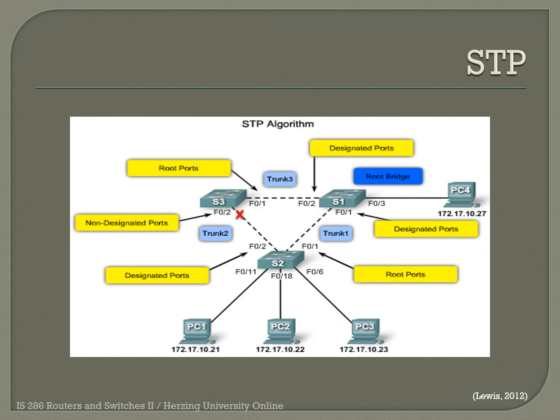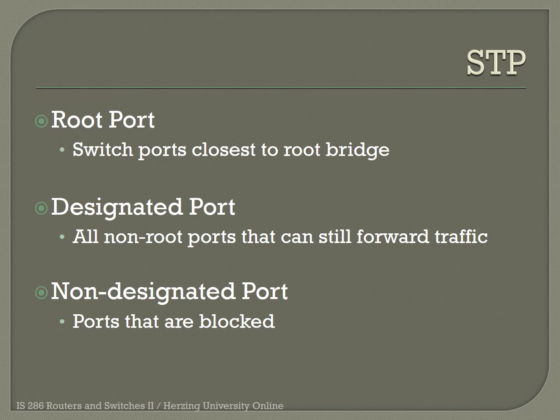Let's talk about these three port types for a minute, and we'll come back to the topology with port designations on this slide. Root ports are switch ports that are the closest to the root bridge.